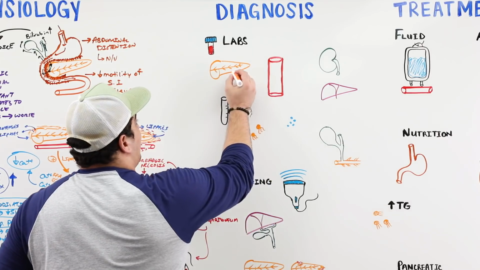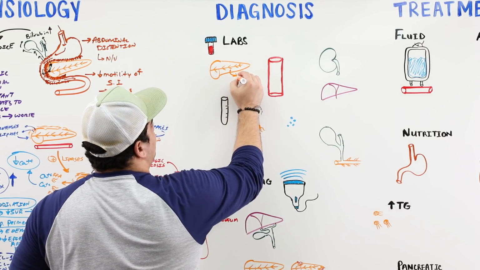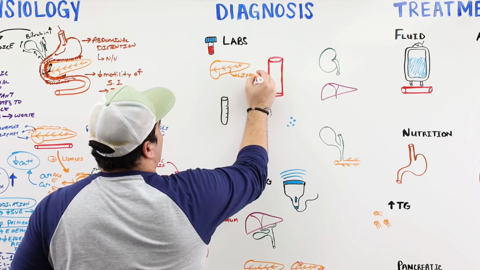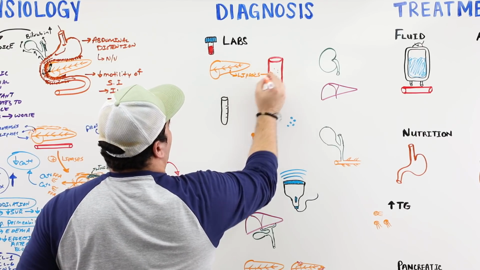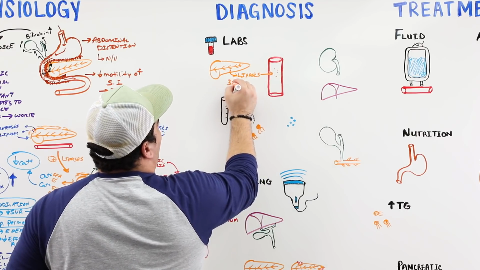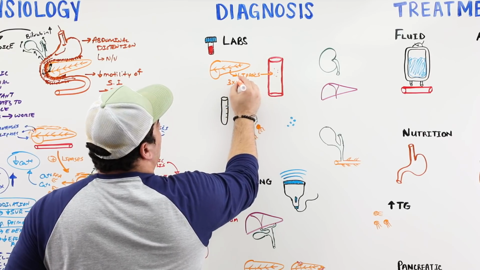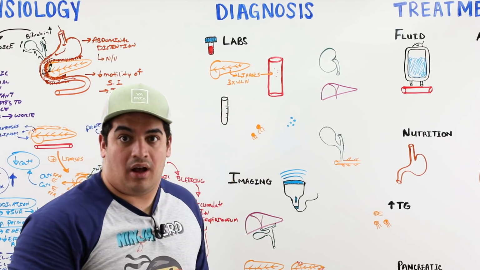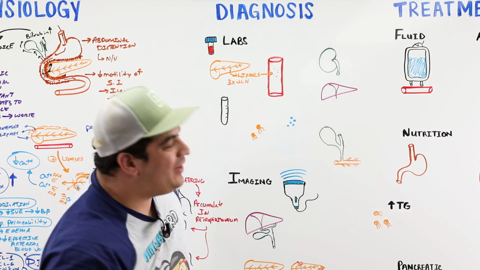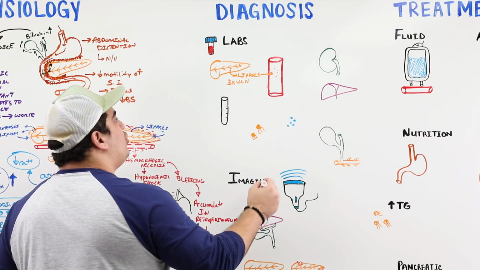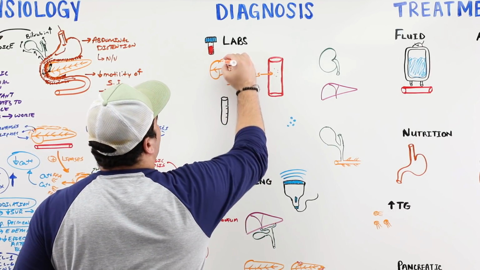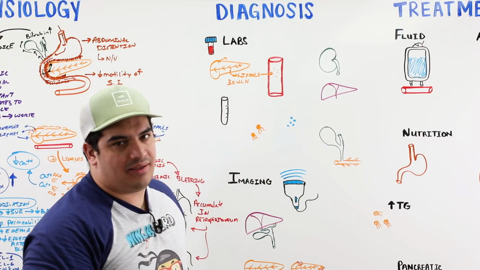So what you do is you check their lipase. If the lipase in the blood is 3 times the upper limit of normal, this is indicative of pancreatitis. There is another enzyme that you could check, but I think it's on the way out. What were the other enzymes that were present?